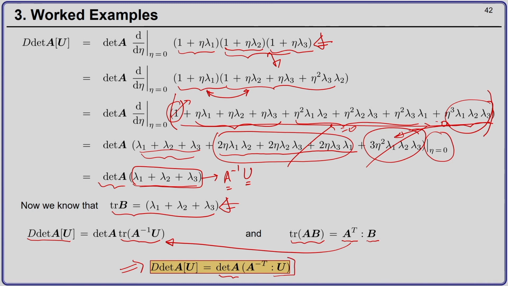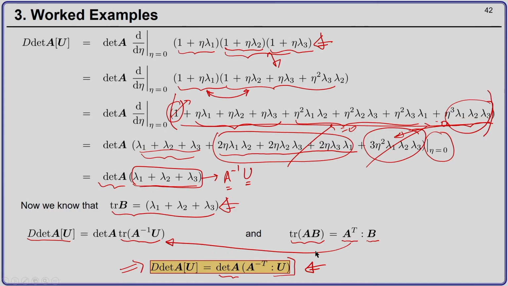This is a very important derivation that we have done, and this will be used later on for our constitutive relations. One of the examples that we are going to discuss next also has this result used.